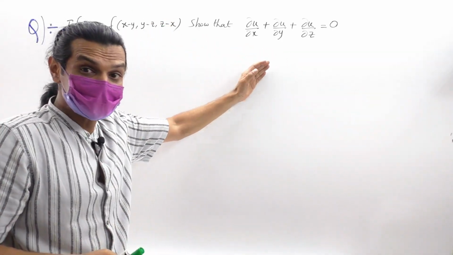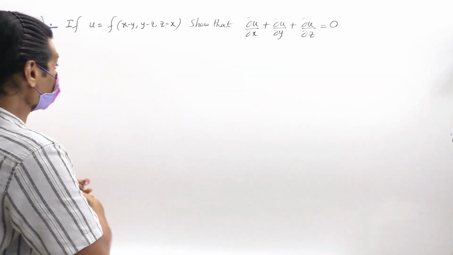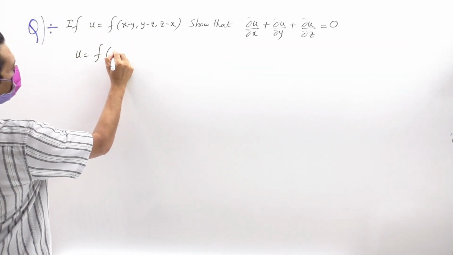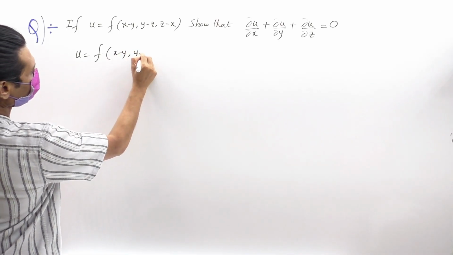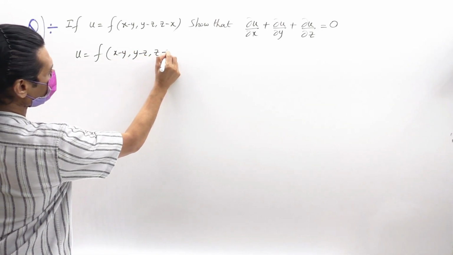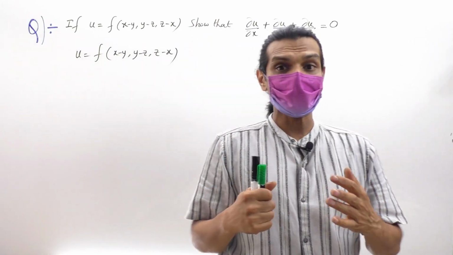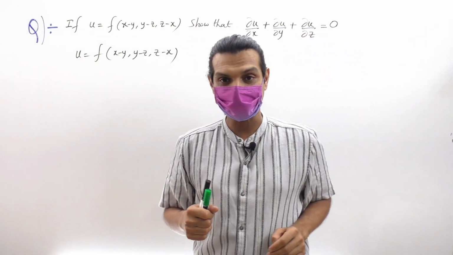How to make it a function of a function? I will explain in a very simple way. Before going to that, I write this here: u is equal to f of x minus y, y minus z, and z minus x. See this question carefully. In the previous videos, I mentioned something called a symmetrical function.